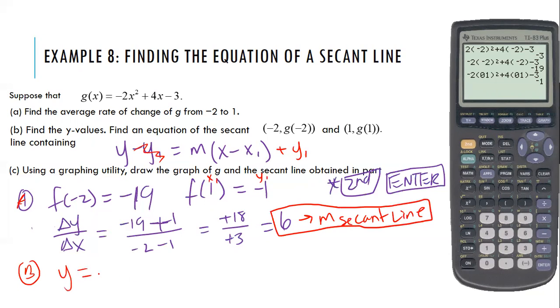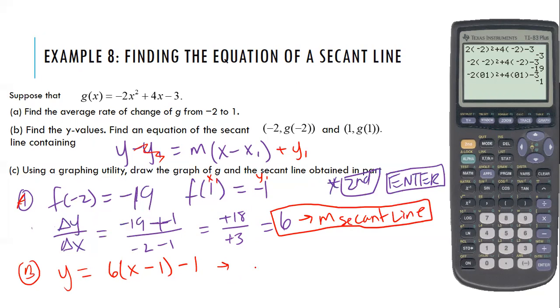So y equals, what's our slope? 6 times x. What's our x1? 1 plus our y1, which is negative 1.